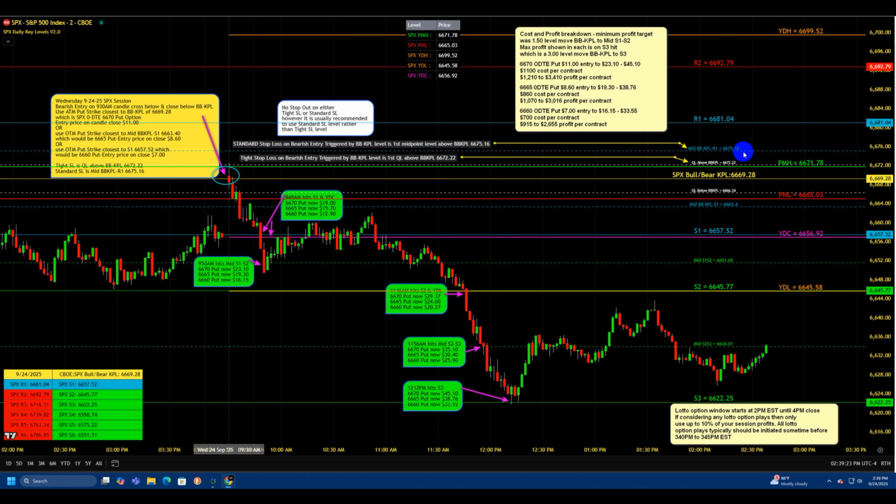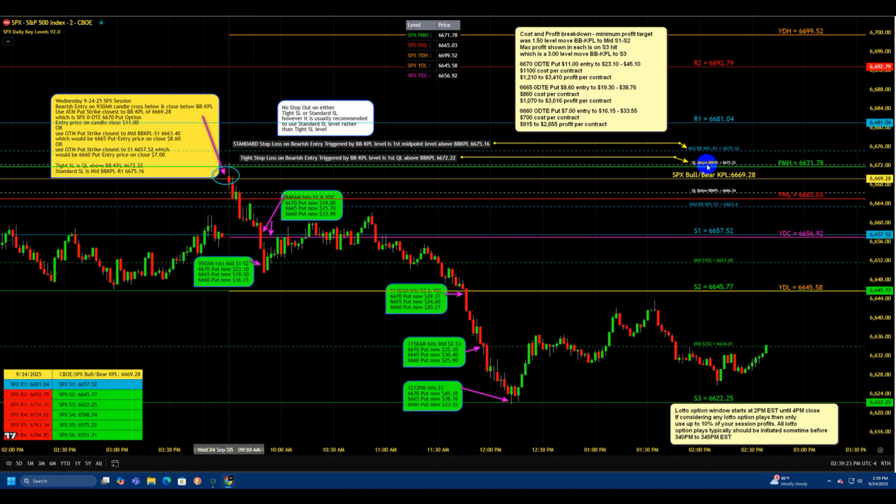You also have, in between the main levels, midpoint levels, as well as QL levels. Midpoint levels are the midpoint between each main level. So for example here, mid BBKPL R1 is the midpoint level between R1 and the BBKPL.